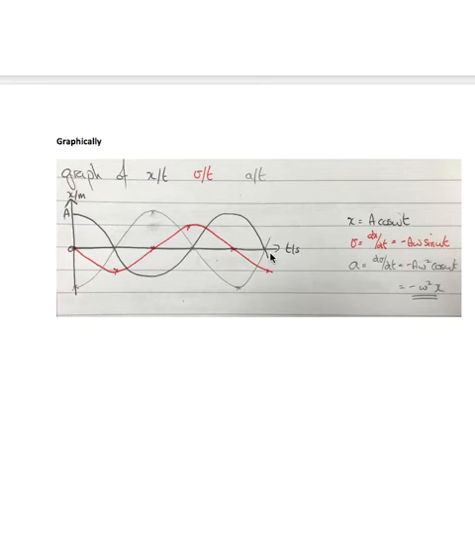And if you look mathematically, the velocity is the first derivative with time of the displacement, the rate of change of the displacement. If you differentiate that, you'll get minus a omega sine omega t. You don't have to know how to do that, or even that that is the case, but you should know that the velocity is the rate of change of the displacement.